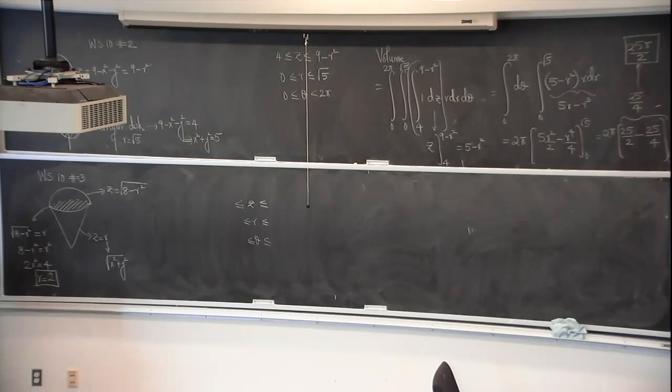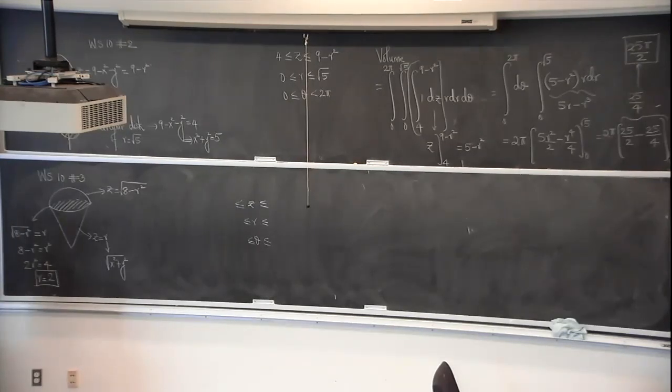I know I have most of the things written here, but still, somebody online can tell me what the Z limits would be, please. Go ahead, unmute and say, or type it in the window.